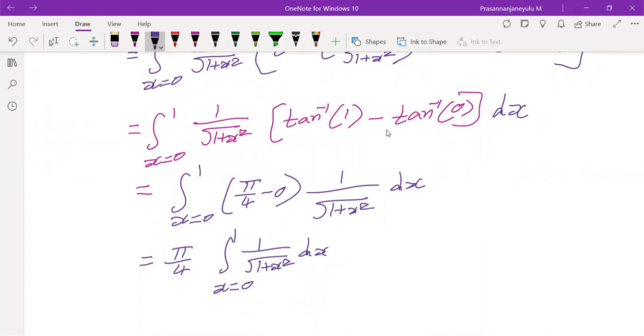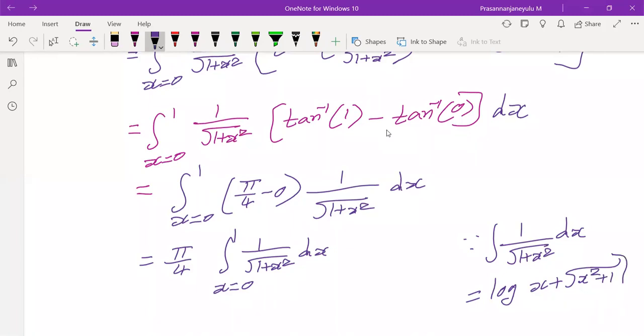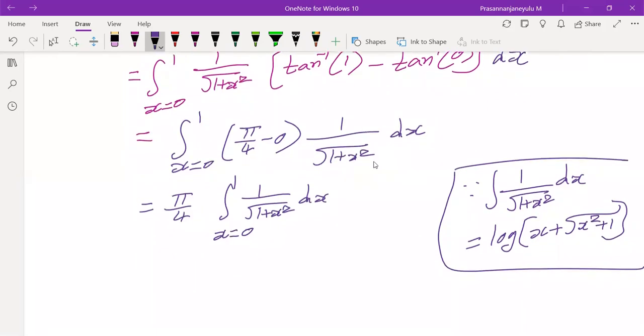It equals, anybody can remember, log of x plus root of 1 plus x square, or x square plus 1. You can write it like this. This is the formula.